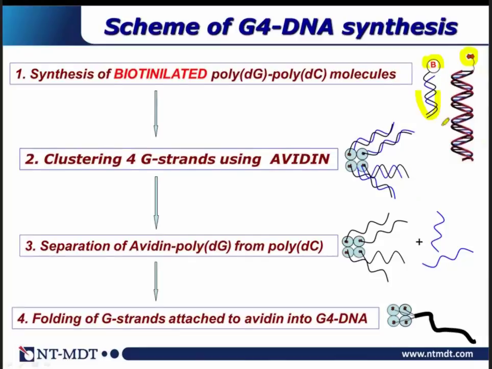In the complex, you have Avidin and 4 strands of the synthesized DNA connected to it. Third stage is separation of the C strands. You can see here strands which are separate. I'll talk about this process in more detail a bit later. And then self-assembling of those 4 long G strands connected to Avidin into a quadruplex, or 4-stranded G4 molecule.